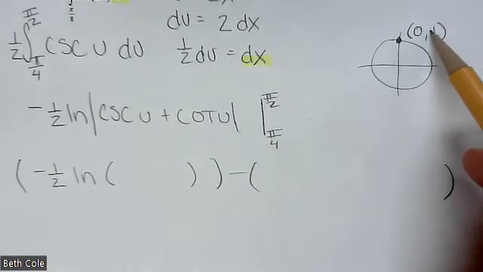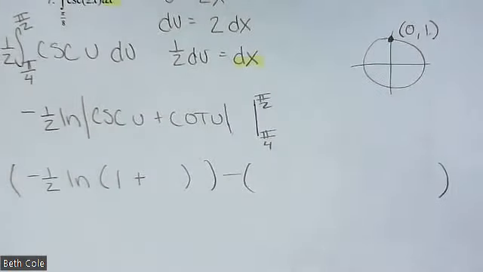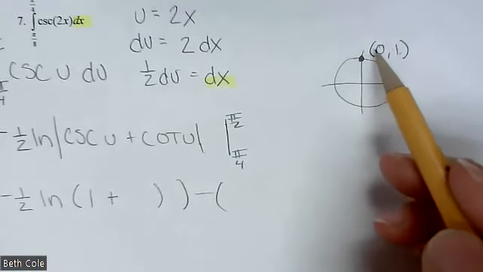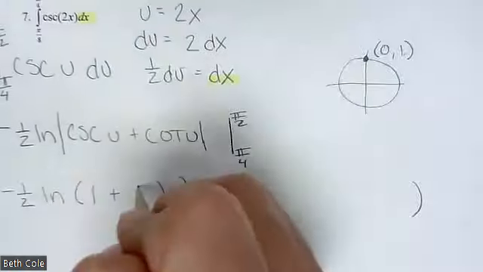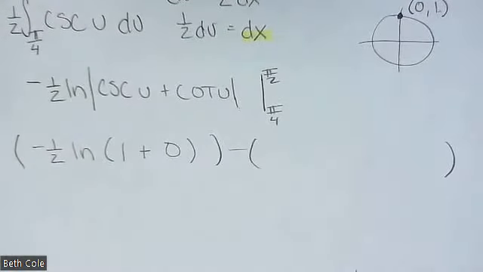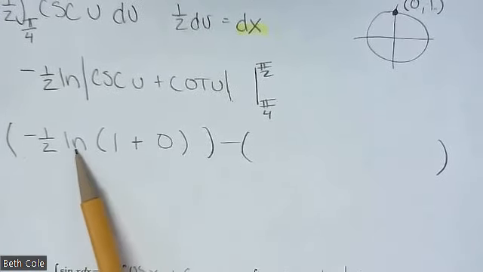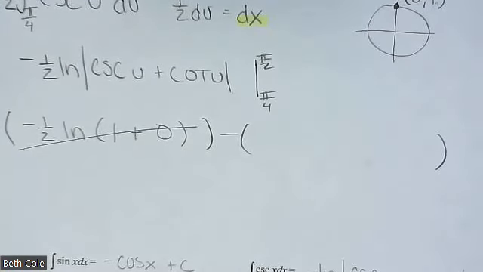If you flip 1, it's 1. Very good. Plus cotangent, watch me point to it. Cotangent is x over y. So 0 over 1 is just 0. And I have even better news. 1 plus 0 is 1. And what's ln of 1? That entire thing just goes away.